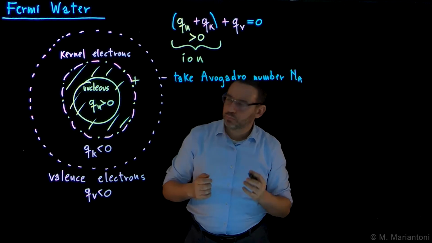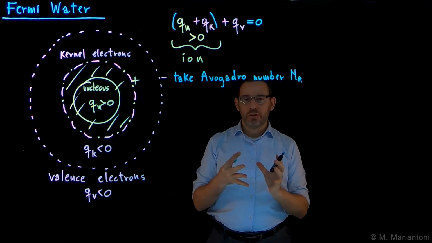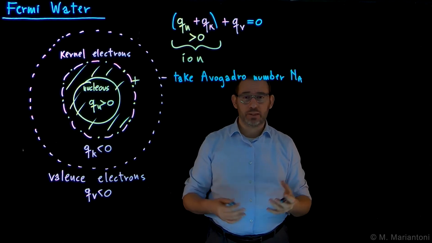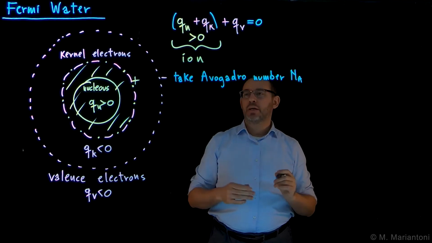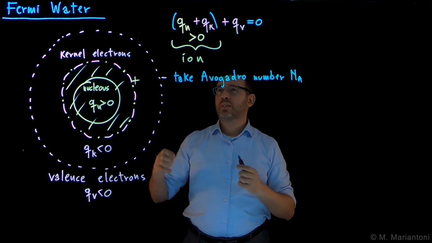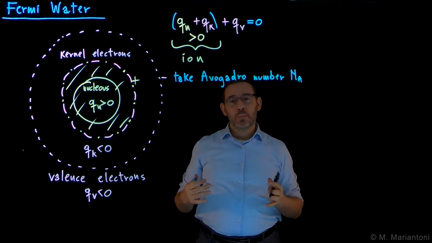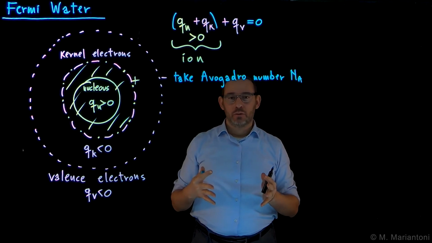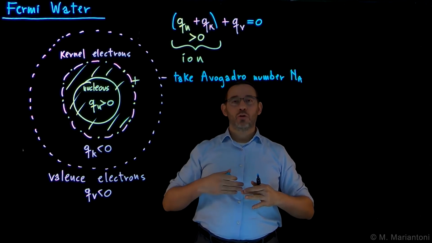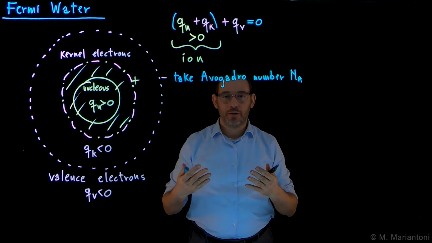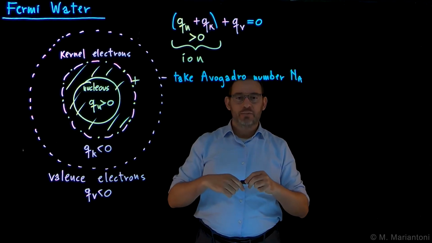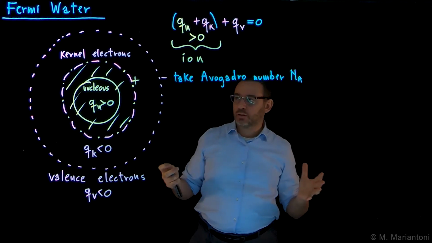When we do that, and we put them together to form a metallic object, like a block of copper, what happens is that all these valence electrons blend together to form a so-called Fermi sea of electrons, which is effectively like a gas of electrons.